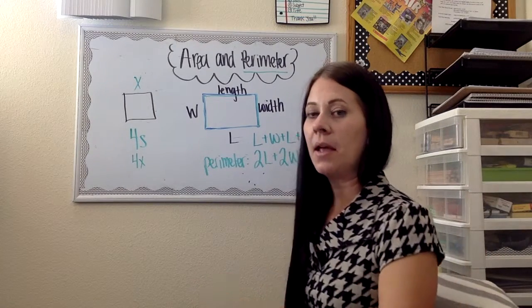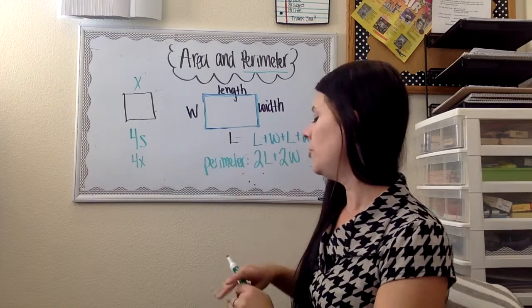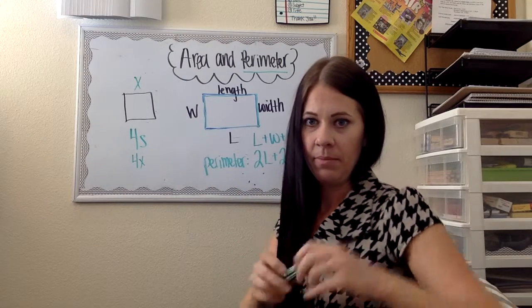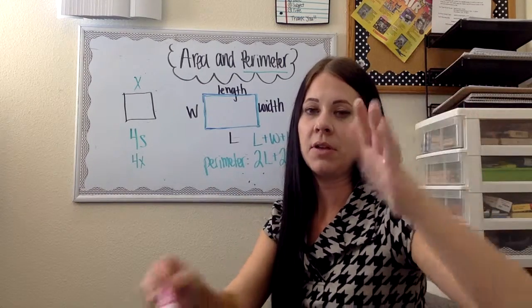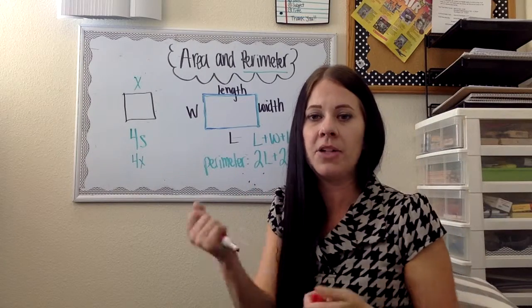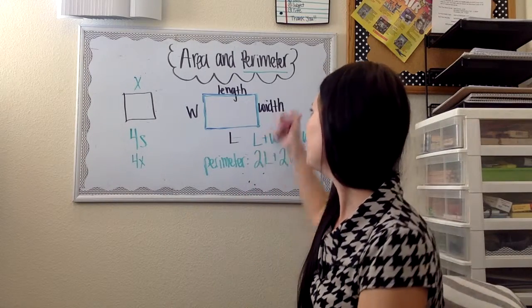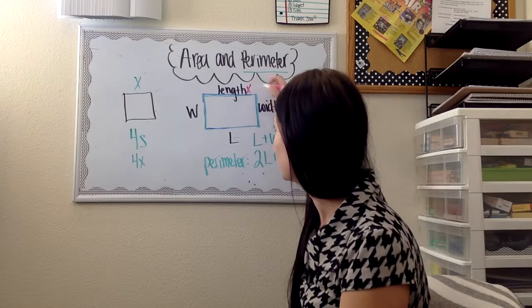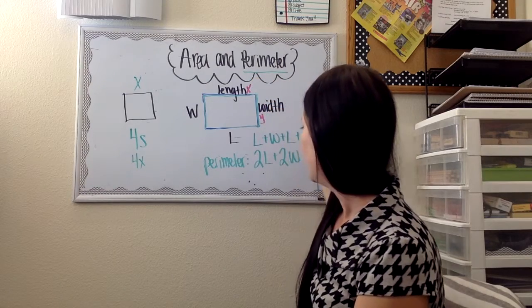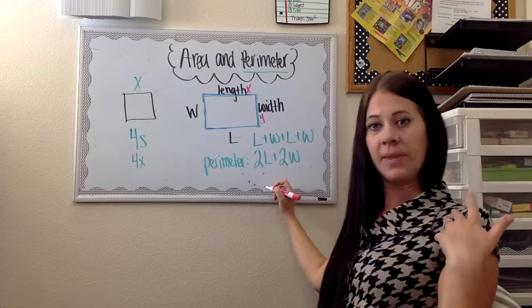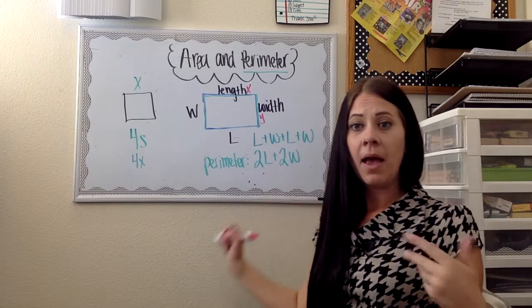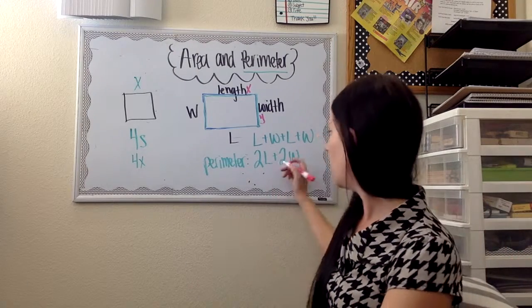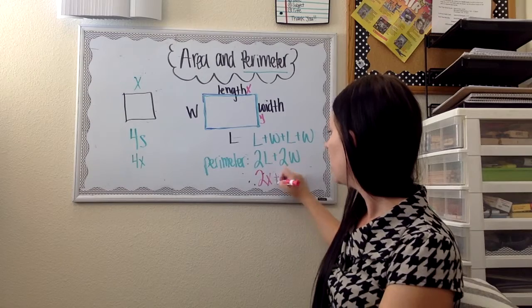Okay, and over here, you might see in algebra, so I'm going to put the algebra stuff in pink so that you can see, because you don't really need this right now, I just want to make this connection. In algebra, you might see this is an x, and this is a y. And so when they tell us to calculate perimeter, I don't know what x and y equal, so I can write 2x plus 2y.